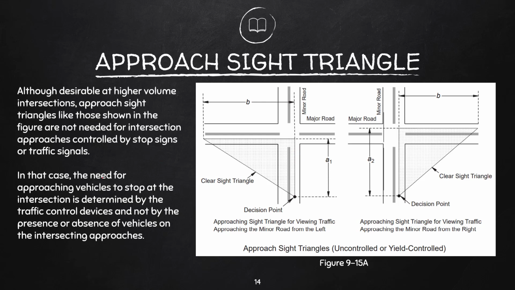In that case, the need for approaching vehicles to stop at the intersection is determined by the traffic control devices and not by the presence or absence of vehicles on the intersecting approaches. So if there is a traffic light installed within this intersection, of course, the driver should follow it before proceeding with their maneuvers, because that will be the deciding factor on which vehicle to give the right of way in that specific time period.